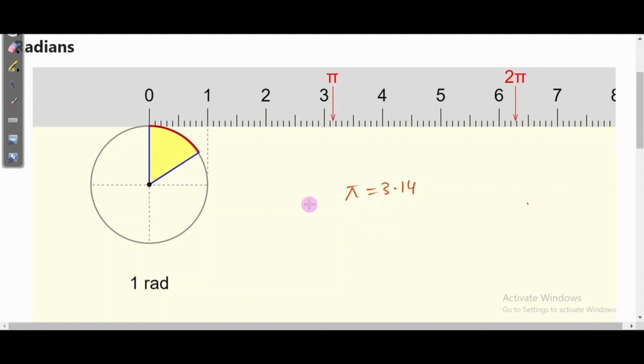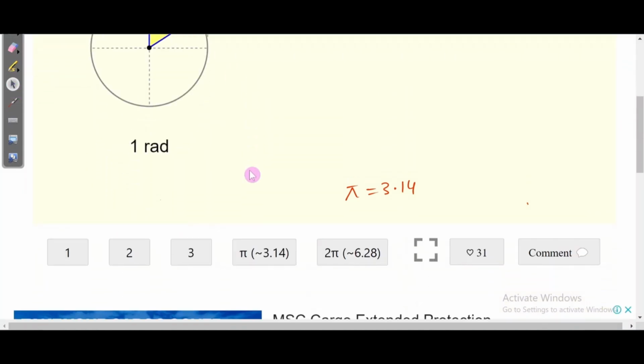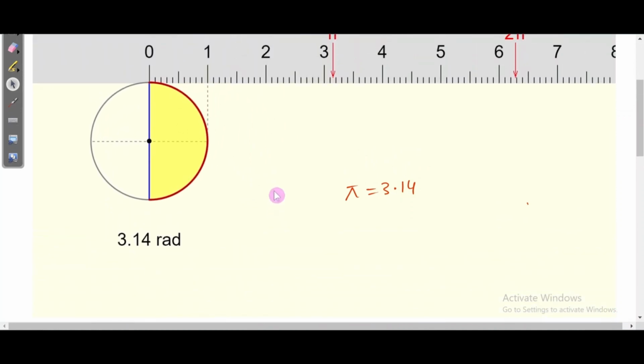So here I'm going to show the value of pi, which is equal to 3.14. If I select this, it means that we take 3.14 radians. For 1 radian, we will take 1 centimeter.